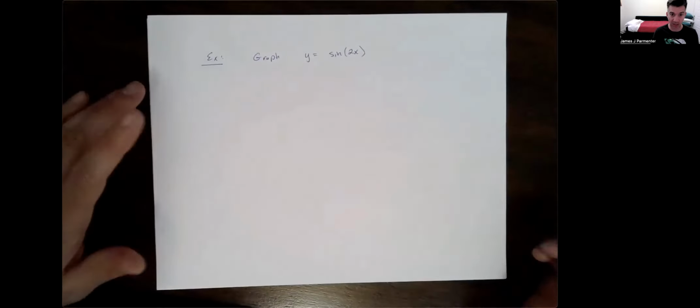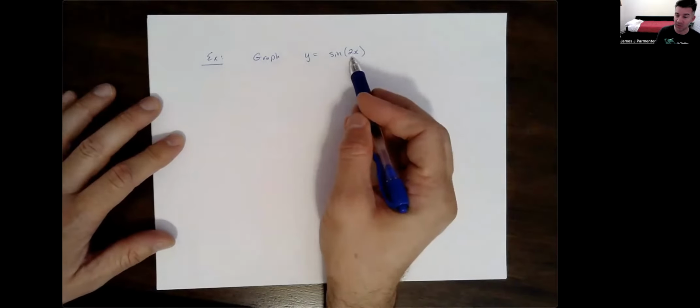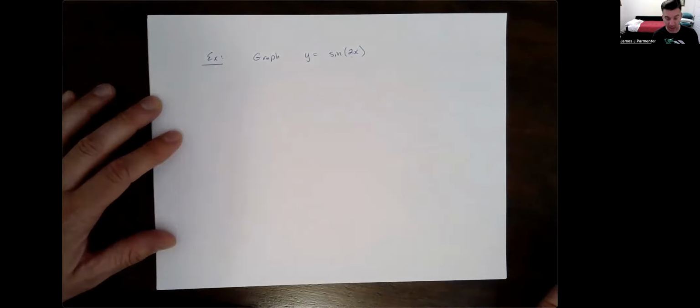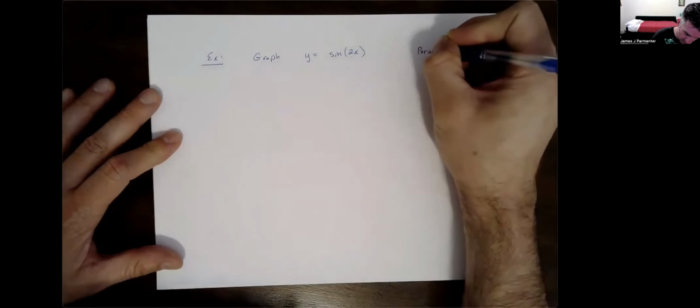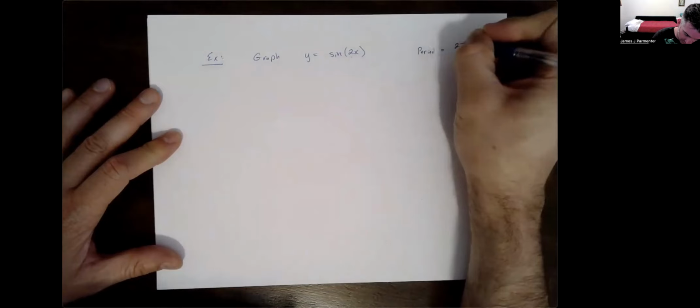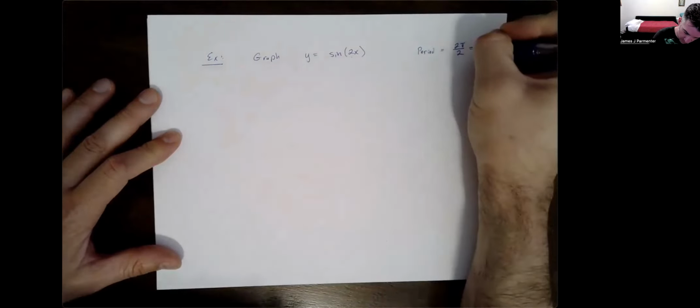So the short answer to the question, how does the period change, is you take whatever the coefficient of x is in the trig function, and you take your normal period and divide it by that. So the period is going to equal 2 pi divided by 2, which is pi.